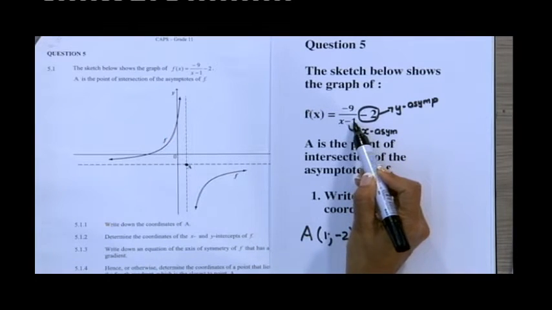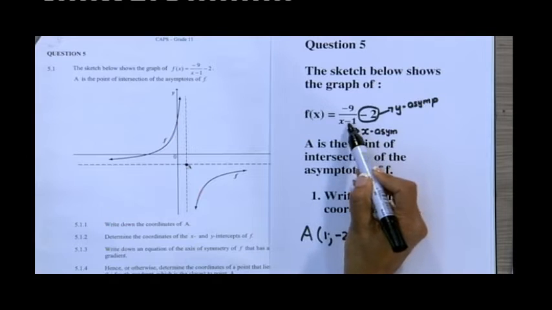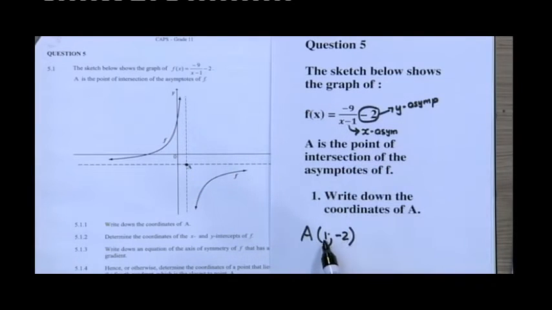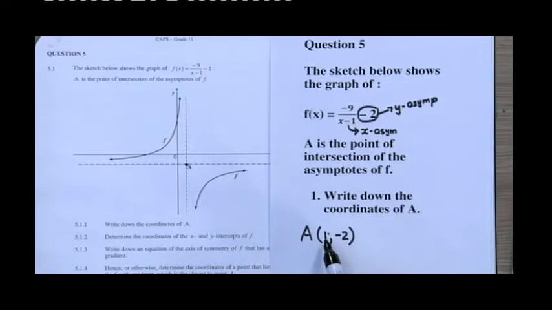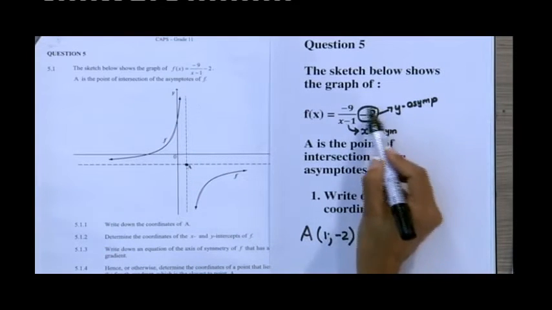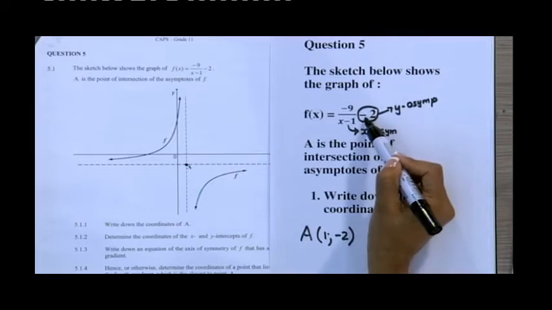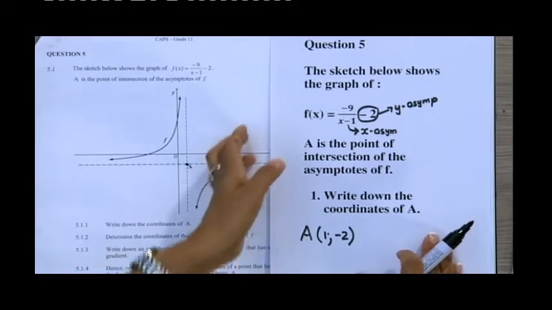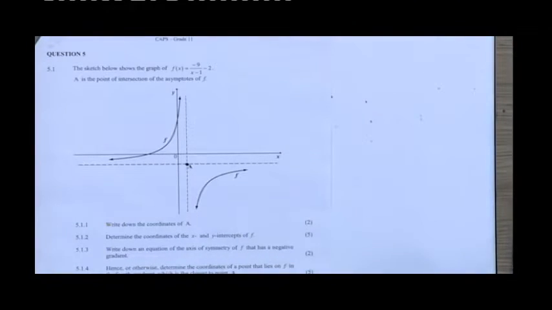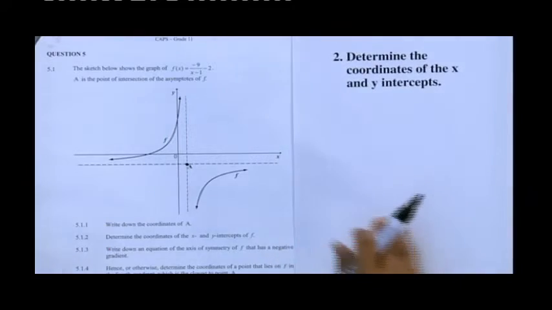No, grade 11s, it's the opposite. If it's -1 here, your asymptote will be +1. If it was +1, your asymptote will be -1. The y asymptote, no sign change, it is just -2. So the coordinates of A are 1 and -2. That was question 5.1.1. You guys are still okay.